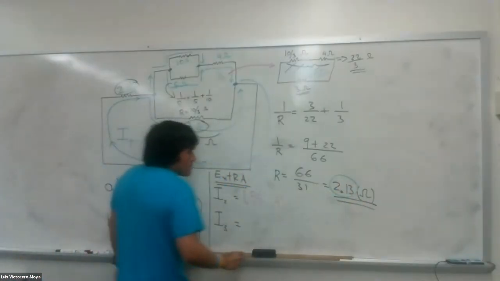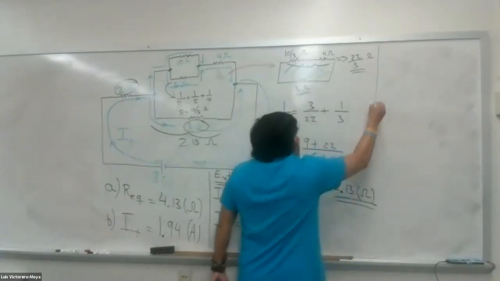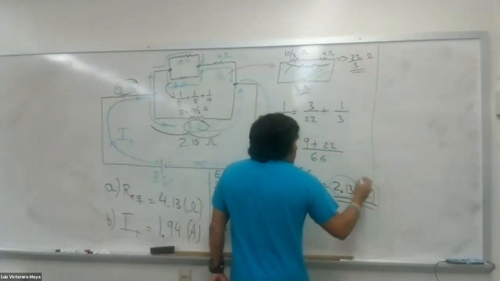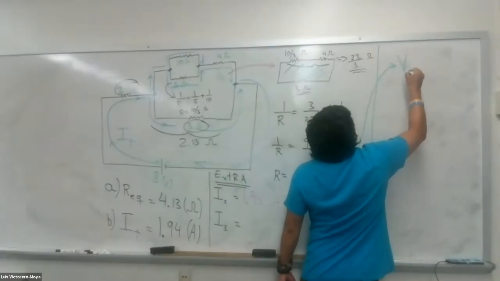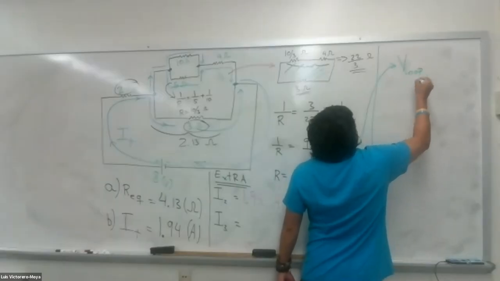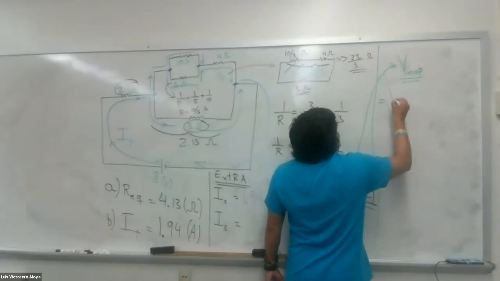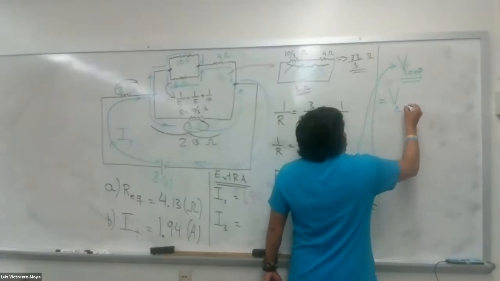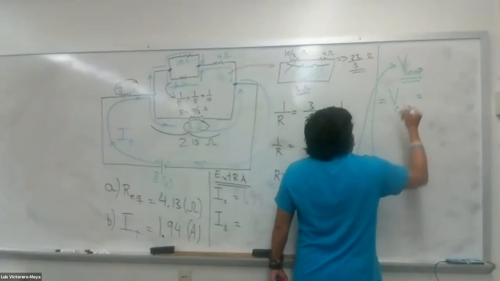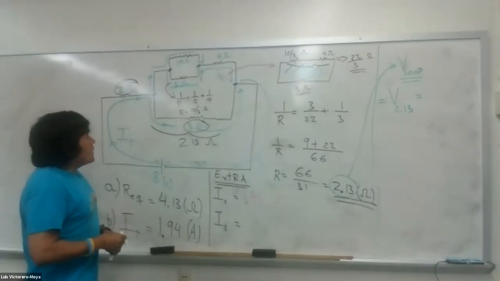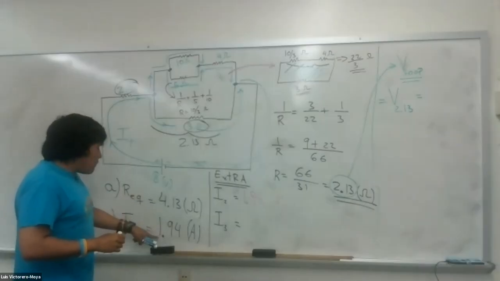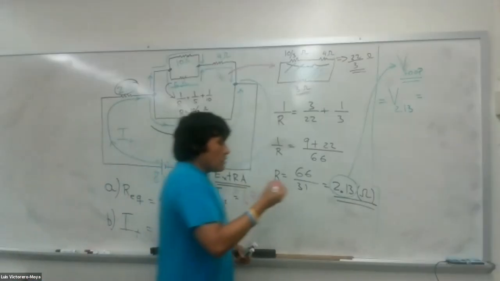So then, right here, the voltage on the loop is the voltage on 2.13. And that voltage is 1.94 times 2.13.